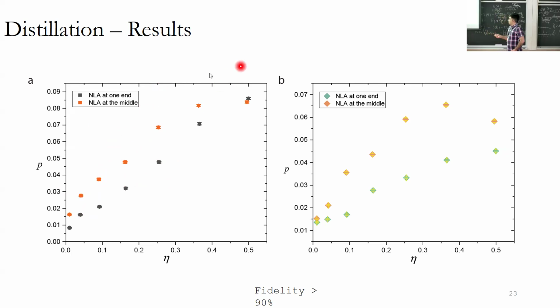So that's good. But as you can see here, for very high loss or low transmittivity, we don't have as good a result. And as I said, here is the place that dark counts play a role. And here also is the place where the NLA doesn't work very well.